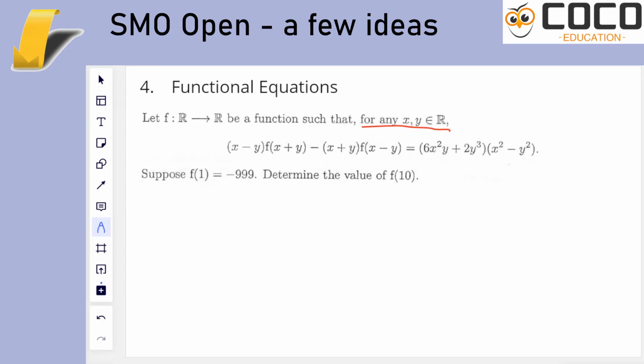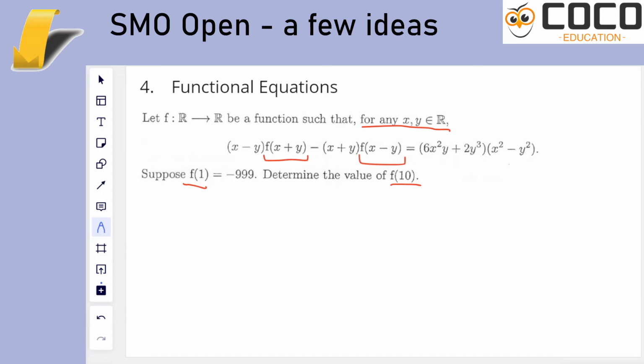For instance, if you're given this equation here, it's quite hard to guess the function. So don't worry about guessing the function. Instead, what you can do is just to realize that you're given f of 1 and you want f of 10. There are two instances of the function f, f of x plus y and f of x minus y.